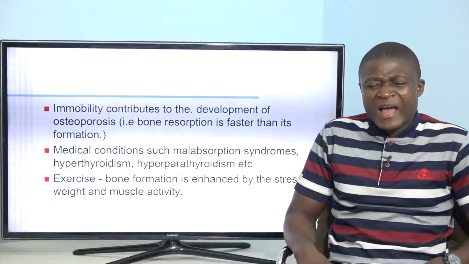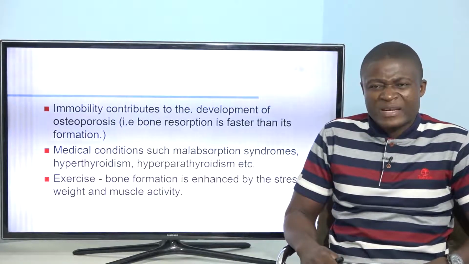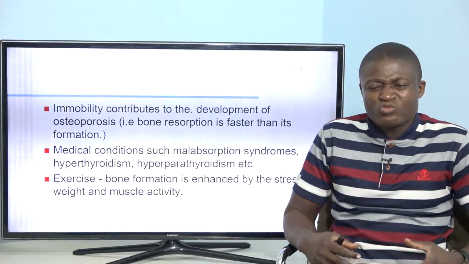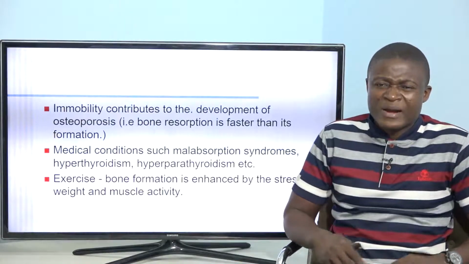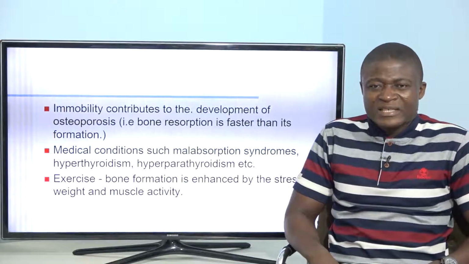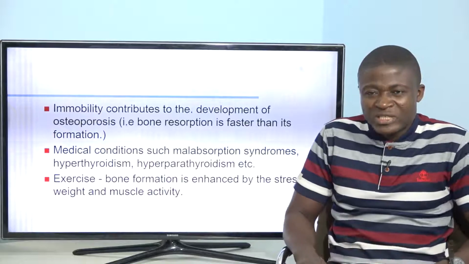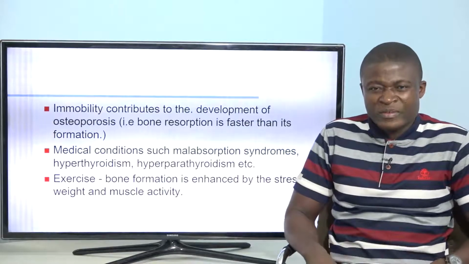So if the parathyroid glands are secreting too much of the hormone into the blood, then you are going to have too much parathyroid hormone in the blood. And when that happens, it is going to cause a decrease in bone production or bone development.